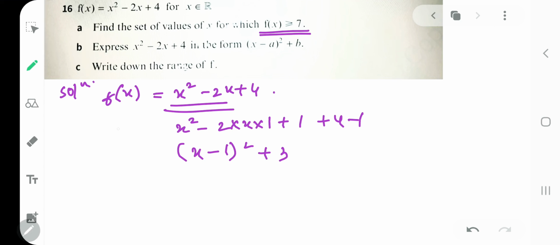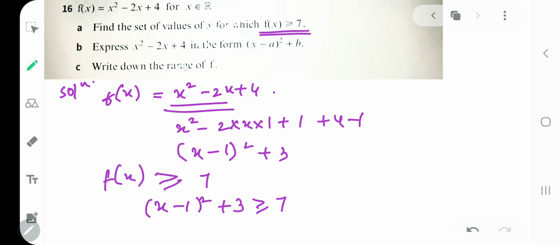And it is given that f(x) is greater than or equal to 7. So can I take (x minus 1) the whole square plus 3 greater than or equal to 7? From there I'll get (x minus 1) the whole square greater than or equal to 7 minus 3.